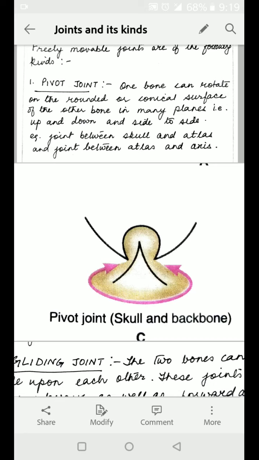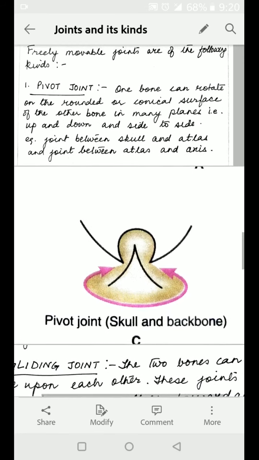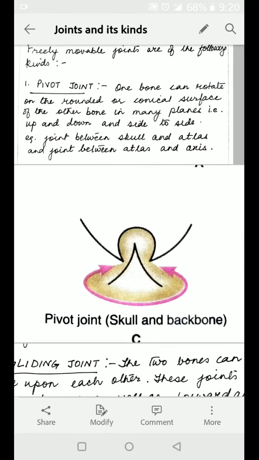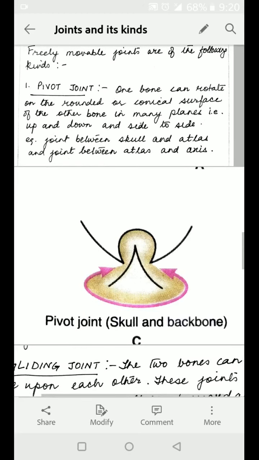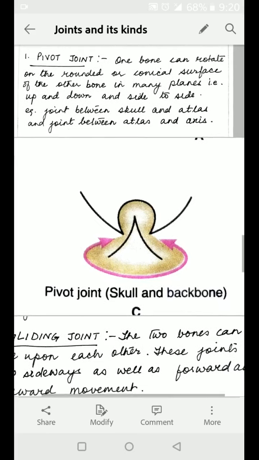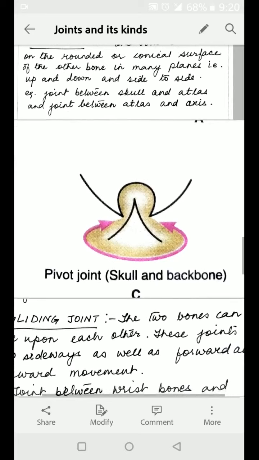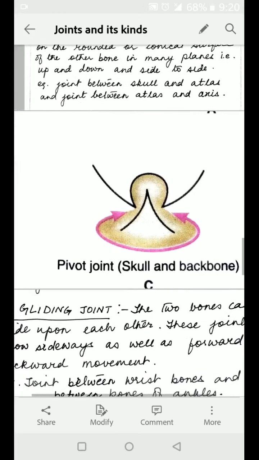An example of this joint is the joint between the skull and the first vertebra, which is called atlas of the backbone. Such a joint is also present between the first and the second vertebra, that is atlas and axis. It is shown here in the diagram how there is movement in the pivot joint.